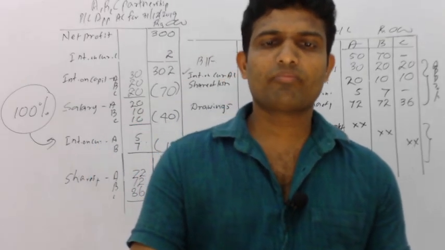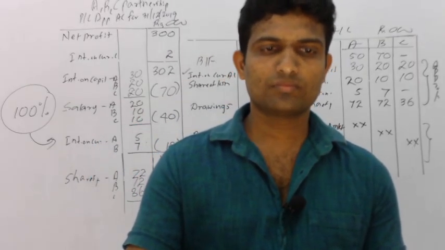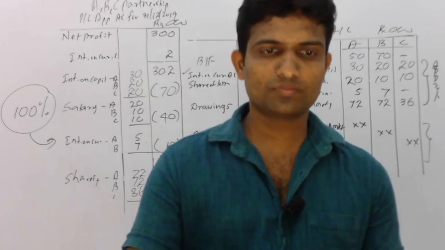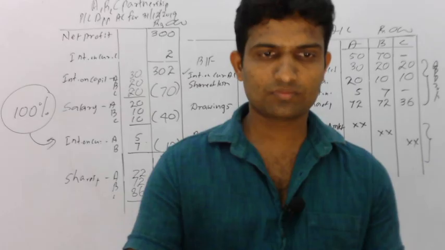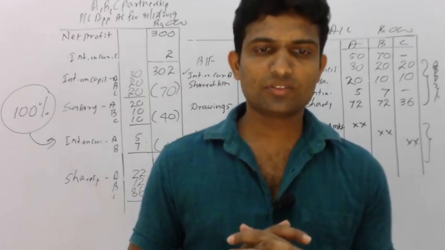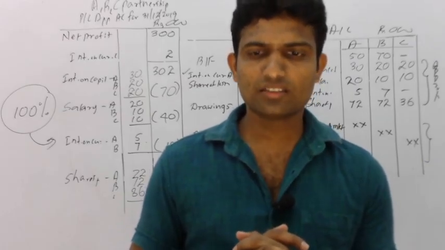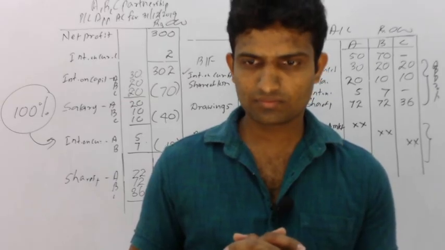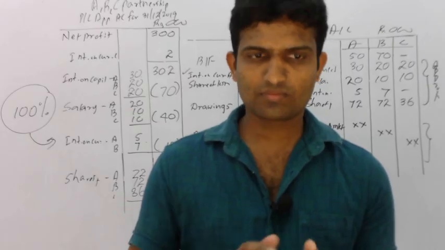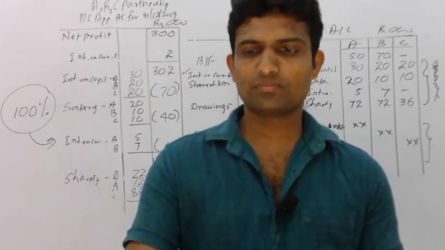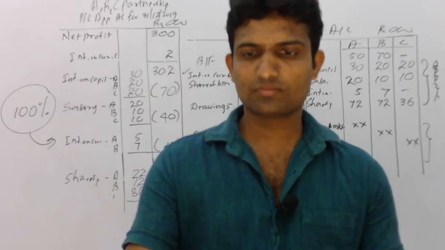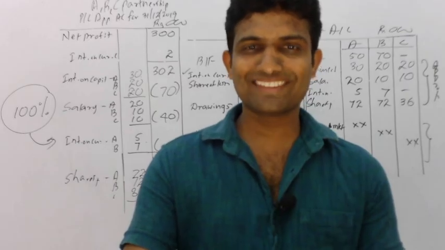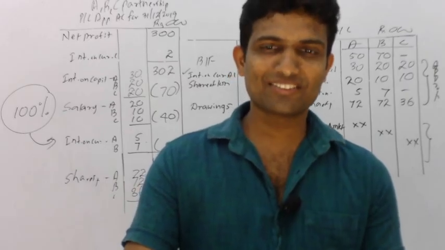Then take these two: interest on current account debit balances and share of losses. What do you write here?